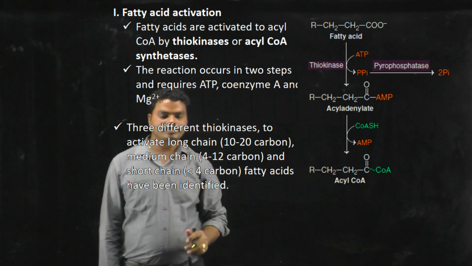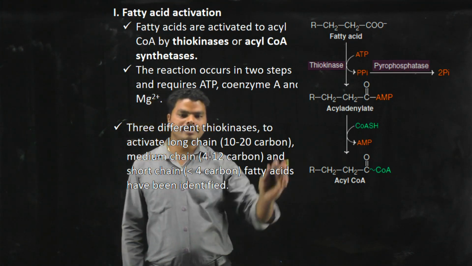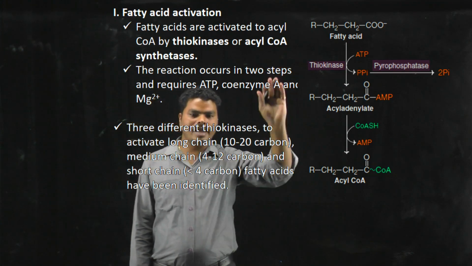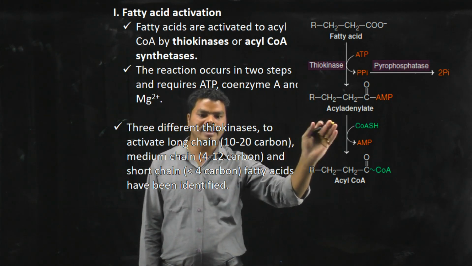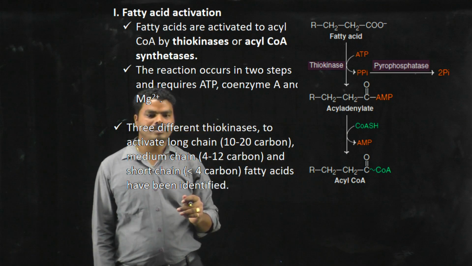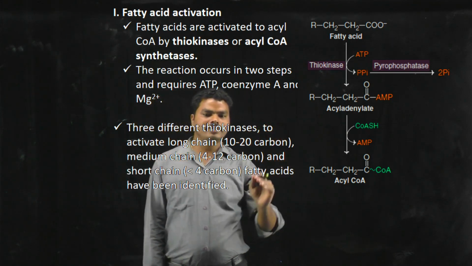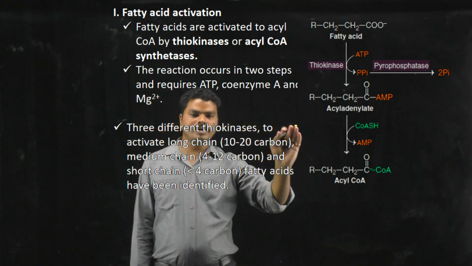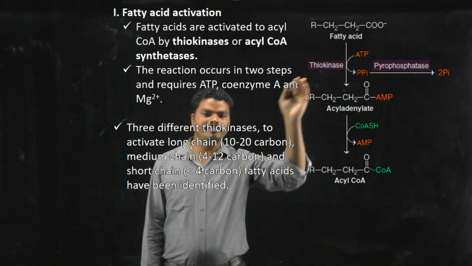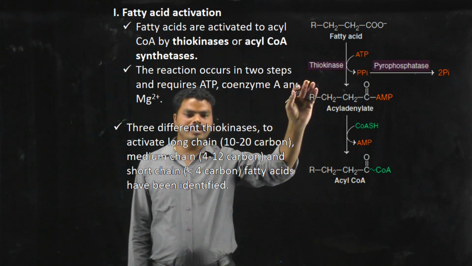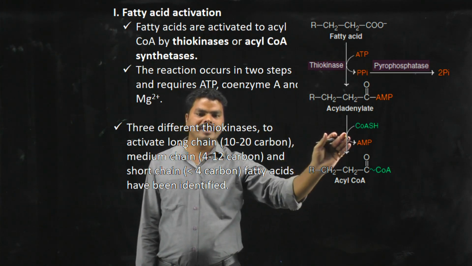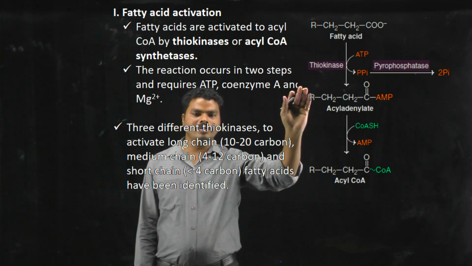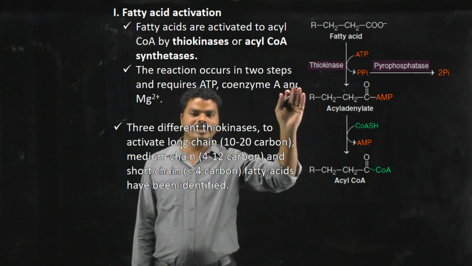Okay, so here we can see this. The fatty acid, by the action of thiokinase, is first converted to acyl-adenylate. For this purpose, it utilizes 1 ATP. So 1 ATP is required to convert the fatty acid to acyl-adenylate by the enzyme thiokinase or acyl-CoA synthetase.